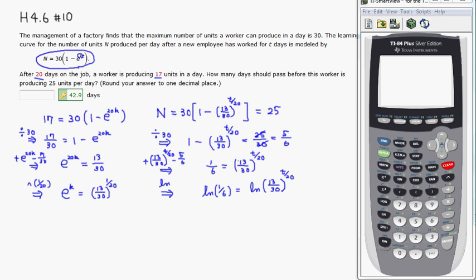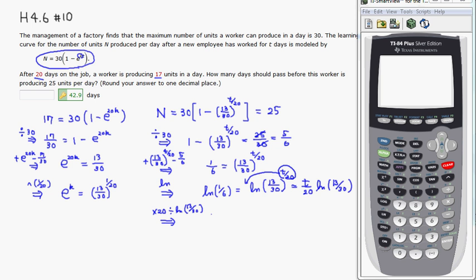Remember that one of the log properties allows us to move this guy right in front of the log. So it's going to be t over 20 times the natural log of 13 over 30. We can isolate t by multiplying through by 20 and also dividing through by the natural log of 13 over 30.